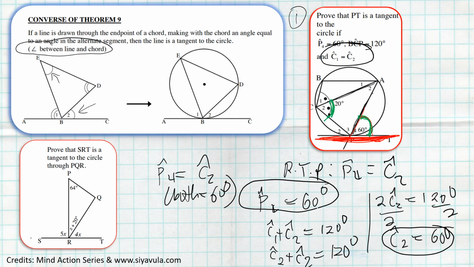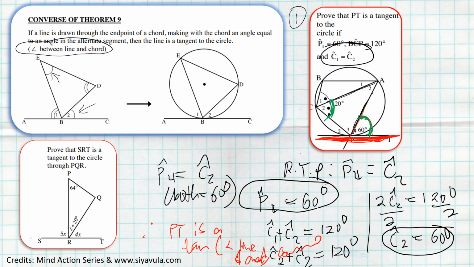So we can now prove that therefore PT is a tangent, because the angle between line and chord, or someone can just say converse theorem 4.